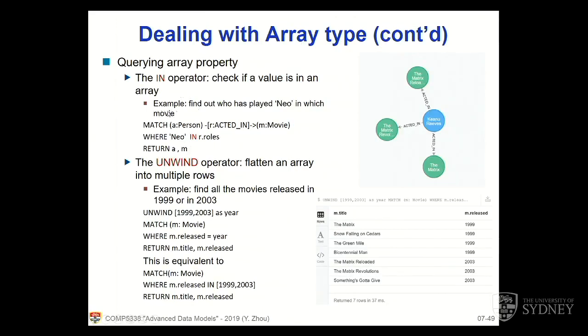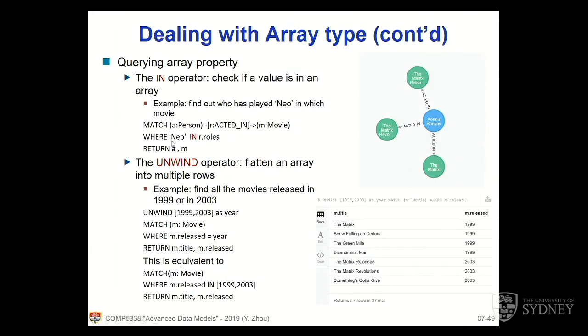So if we want to find out who has played Neo in which movie, we can do something like this, where Neo is in. First we still need to find the relationship between a person and a movie, and the relationship is ACTED_IN.